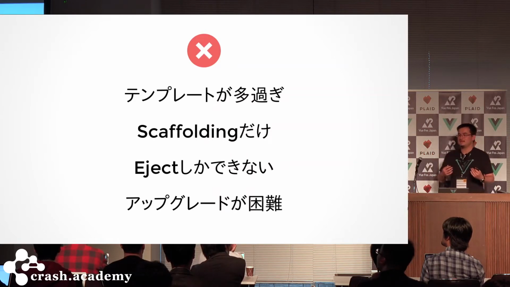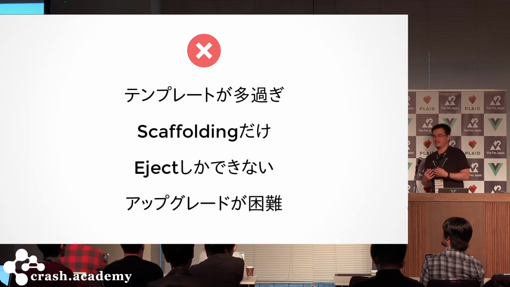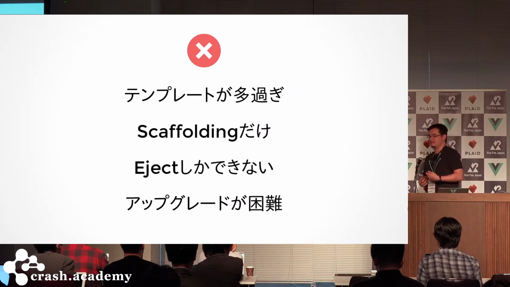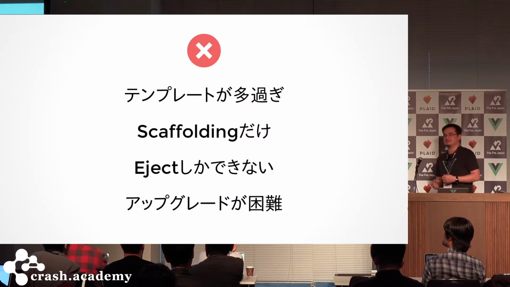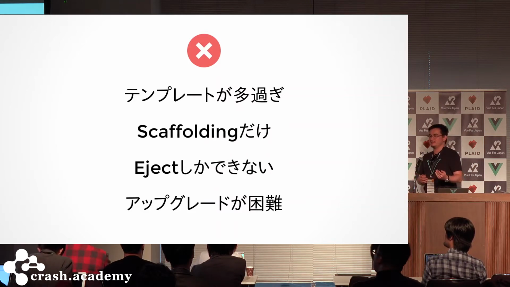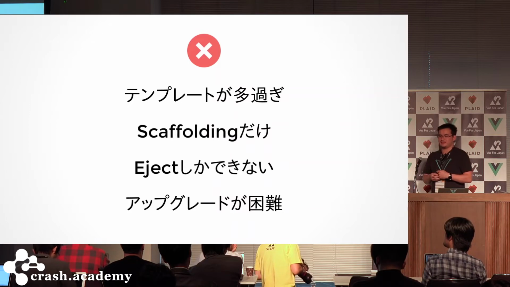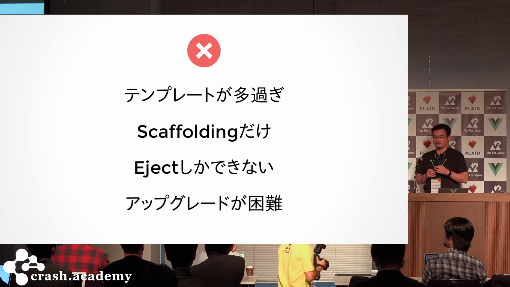So for example, if we make some changes on the official templates for Webpack and improve the building process or something, you need to manually apply those changes back into your project. And that was also a big issue with forks.